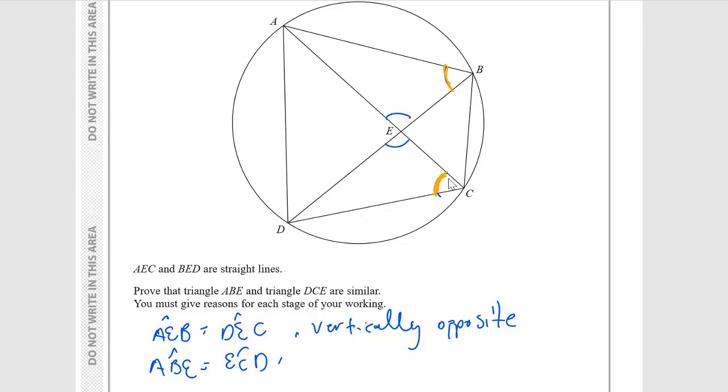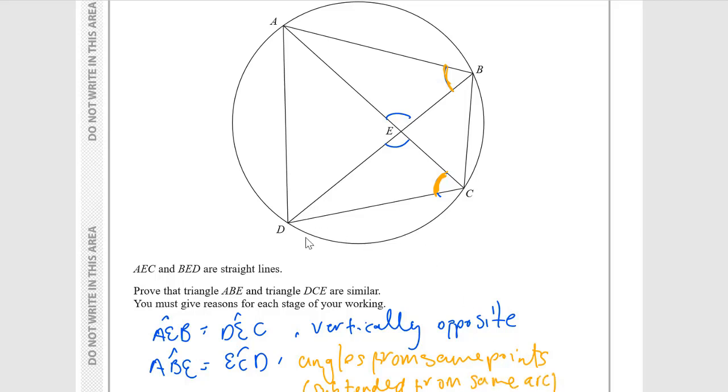So remember your circle theorem. Because they originate from the same 2 points, these are the same. So angles from the same points, so subtended from the same arc.